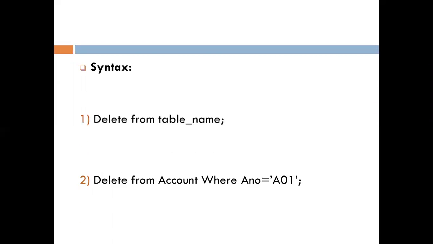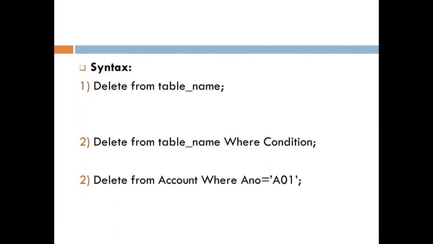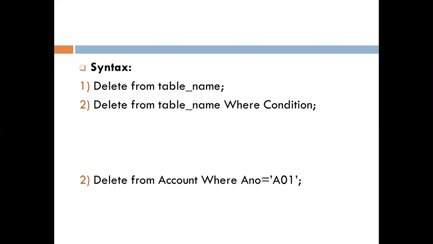So first syntax, delete from table name. Second, delete from table name where condition, with the condition. For example, the first example is delete from account. It means all the rows are deleted from the account table, because here we are not using any condition.